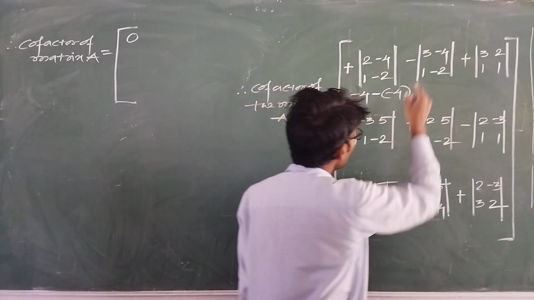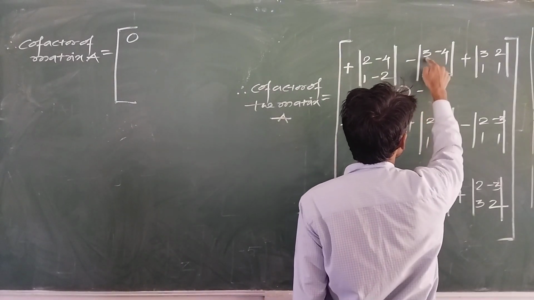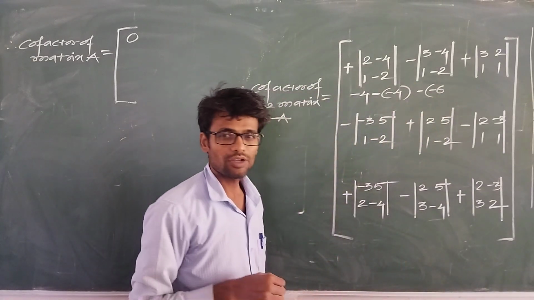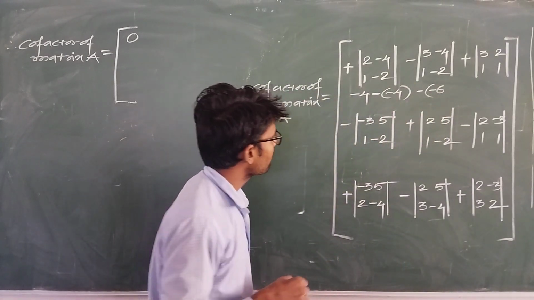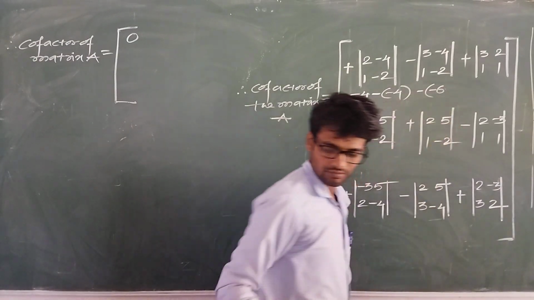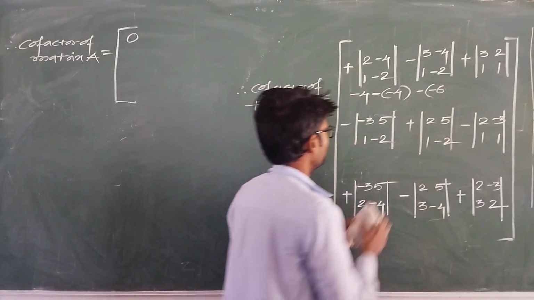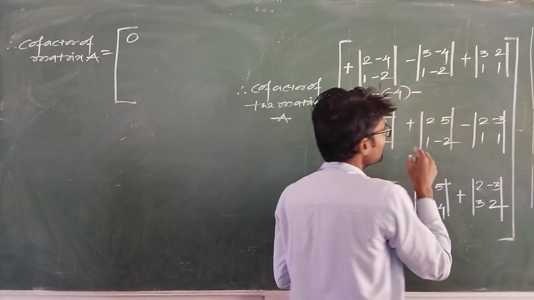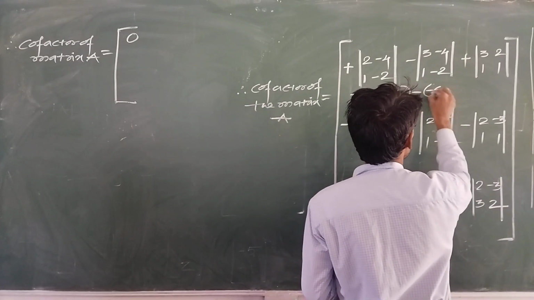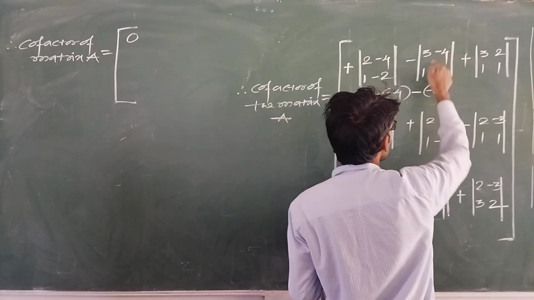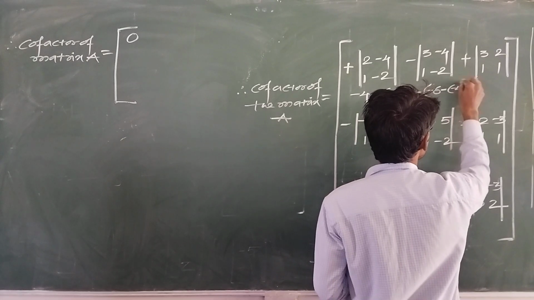Next, you write this minus symbol. 3 into minus 2 is minus 6. Keep the minus sign as it is. 3 into minus 2, minus 6. Next, minus will come. Minus 4 into 1, minus 4.